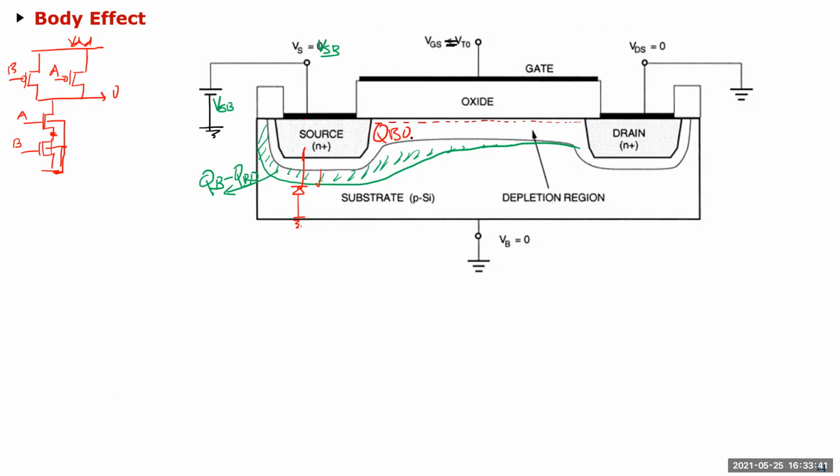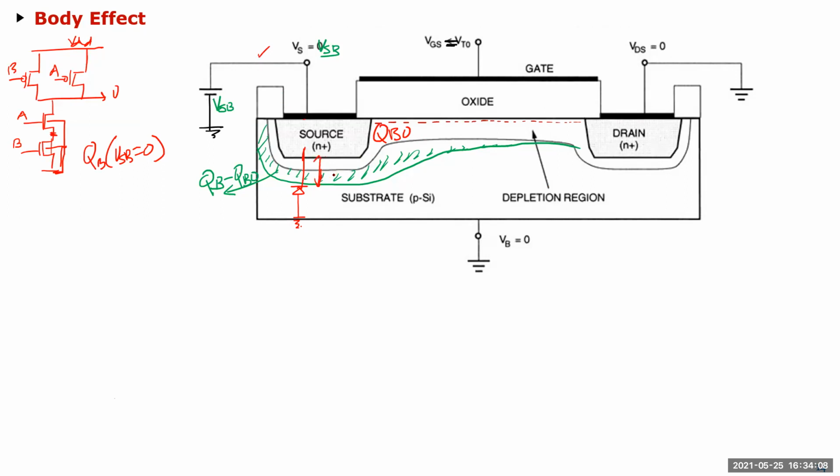So QB0 is the total depletion charge when VSB was equal to 0, right? So QB when VSB is equal to 0. Now I lifted the voltage from ground to some value, and then this depletion area increased, right?